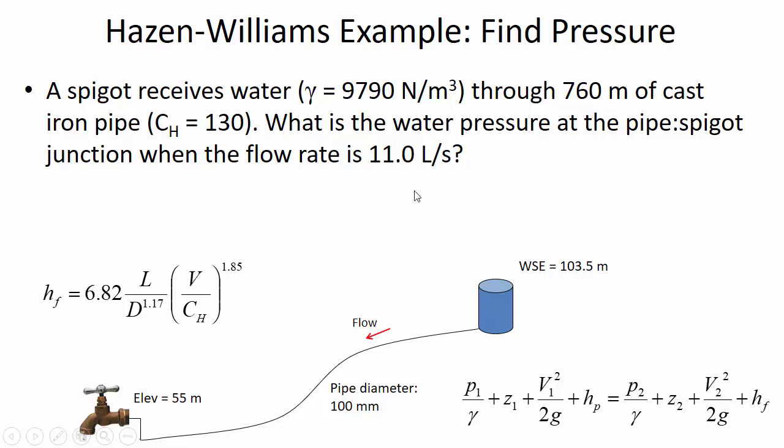The water's flowing at 11 liters per second, and since we know the flow rate and the diameter, you can calculate the velocity with the continuity equation, V equals Q divided by A. So what I'd like you to do is use the energy equation and Hazen-Williams to predict what the pressure is going to be at this tap when we have 11 liters per second flowing through the pipe.